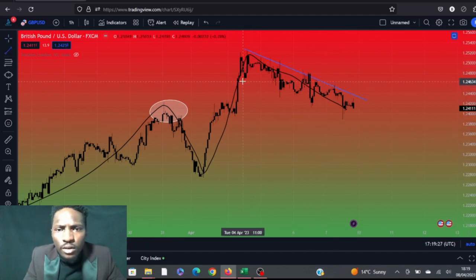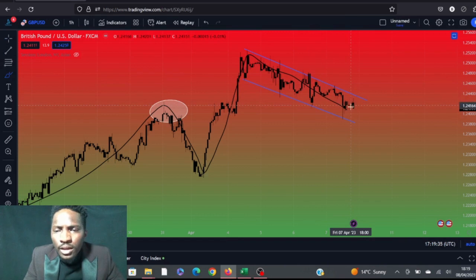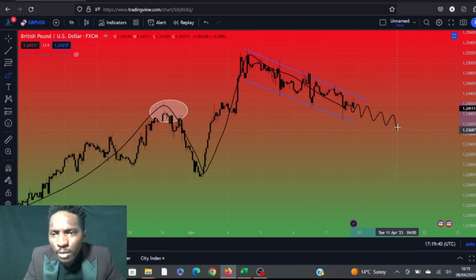So we do have a contracting channel right here, and we know that these types of contractions usually break in the upward direction, and there is no telling when this contraction is going to end. So the market can keep contracting, but as long as it stays within the zone of the outside return, then it's going to eventually break in the upward direction.